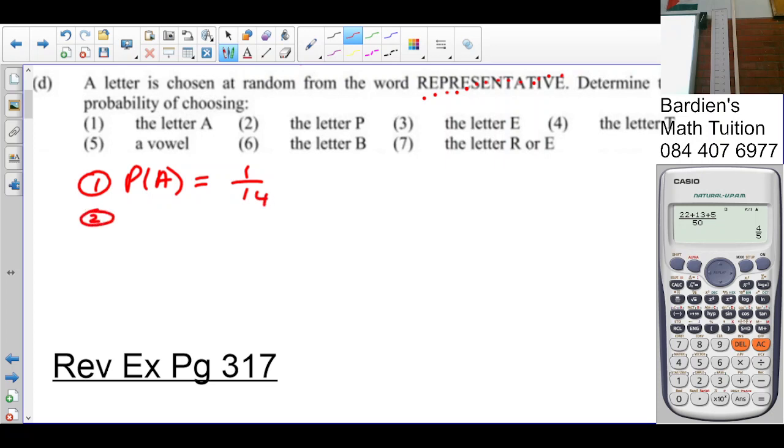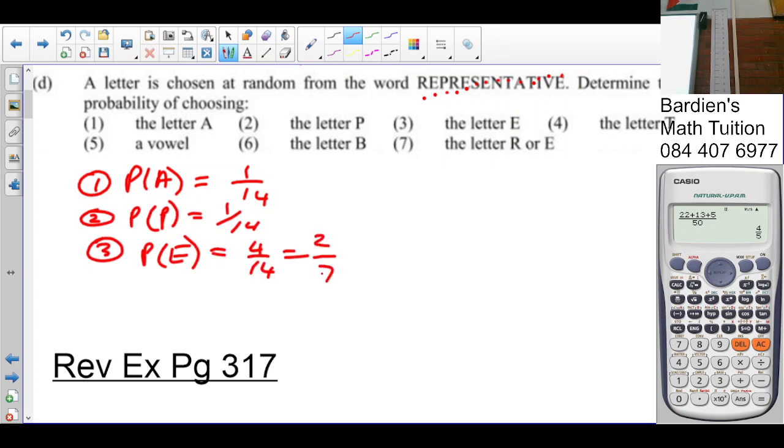Number 2, the letter P. How many P's are there? 1 out of 14. Number 3, the letter E. How many E's are there? 4 out of 14, which is 2 out of 7. Number 4, the letter T. The probability of T is 2 out of 14, which is 1 out of 7.